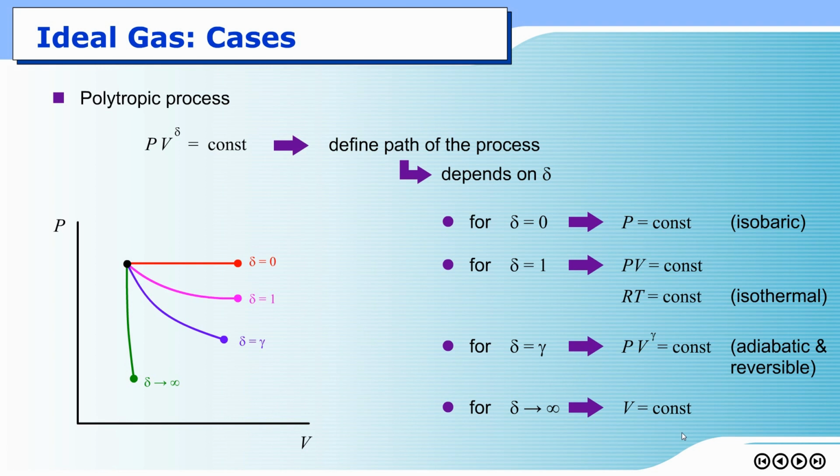Okay, so if delta is not one of these 4 cases, then it would be a general case and the path would be defined based on the given equation, and you can define the path using this simple equation, and that path is classified as a polytropic process.